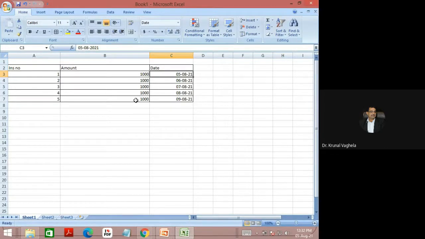Now tell me, with the bank, is there any loan or multiple loans? Multiple loans, right? So consider this is for the second loan. Same. Now this amount is, for example, 1,200. And consider the dates are same.